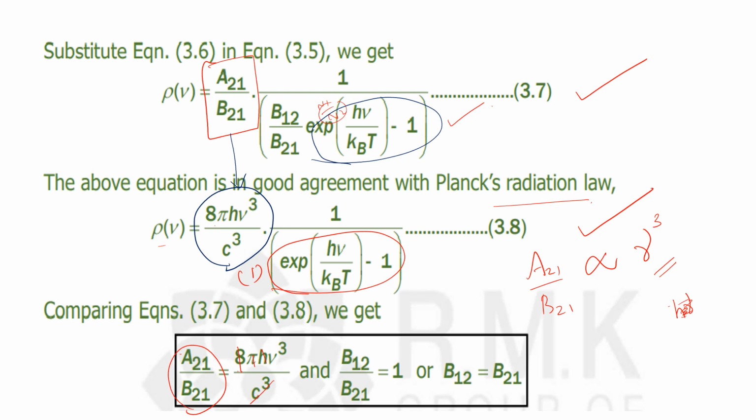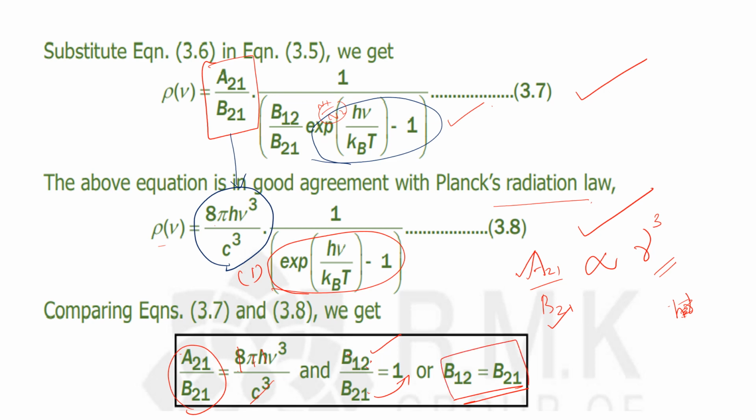The ratio of spontaneous to stimulated emission process depends on the energy difference between the two energy levels. Then B12, stimulated absorption, divided by B21, stimulated emission, is equal to 1, which means the stimulated absorption probability is equal to the stimulated emission probability.